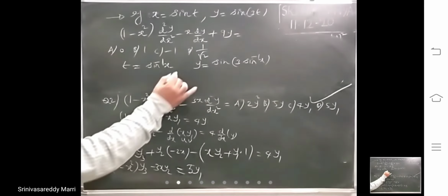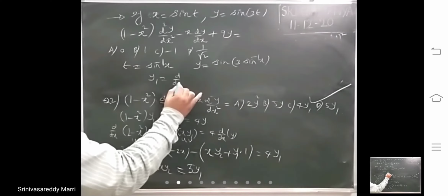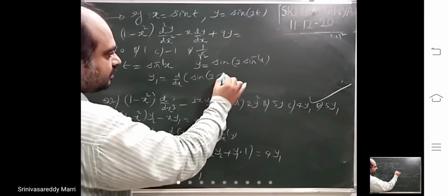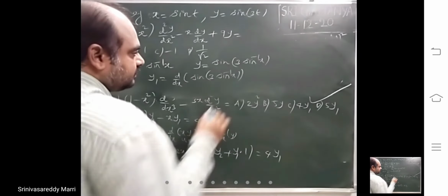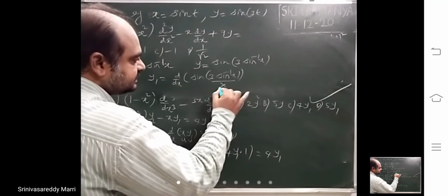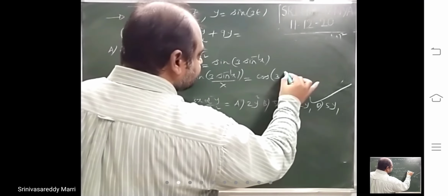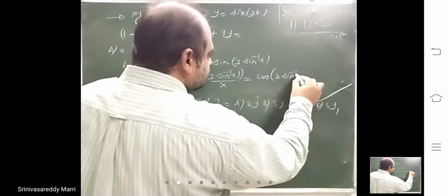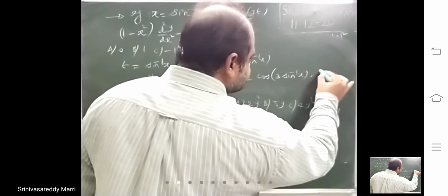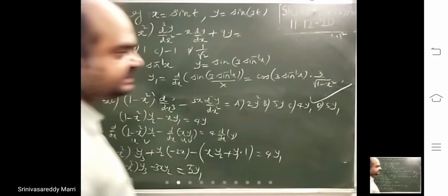Now I am doing the first derivative: cos of 3 sine inverse x into d by dx of 3 sine inverse x, that means 3 divided by root of 1 minus x square.